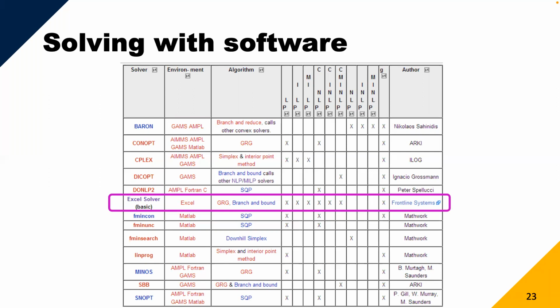Because if you're applying it in the wrong way, or in such a way that may counterintuitively not work with the algorithm it's using, you could get into trouble. One, you could get into instances where the solver can't actually solve, which is not great because you're not getting a solution for your problem. But worse, you could get a solver that solves and gives you the wrong answer and you wouldn't even know.